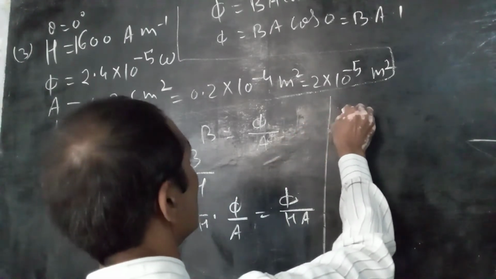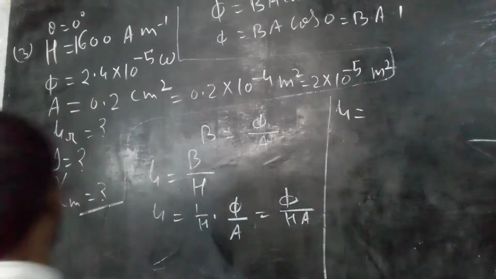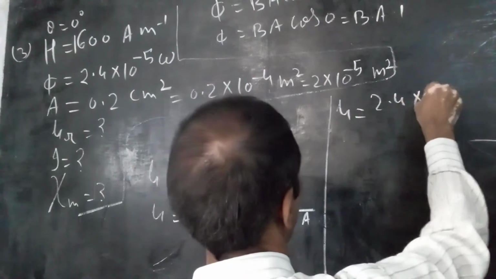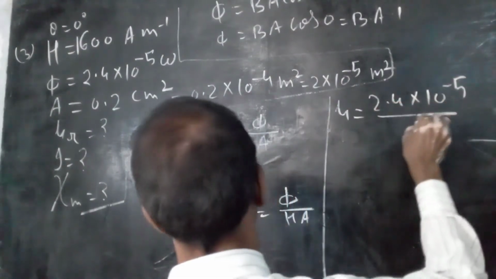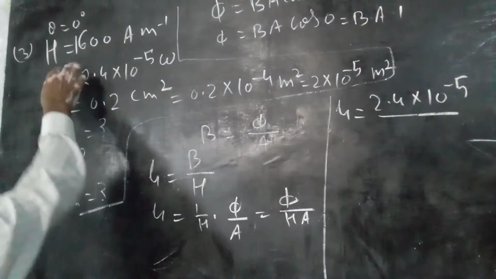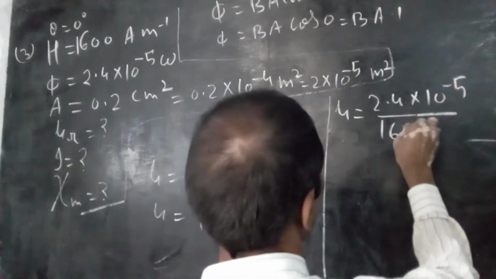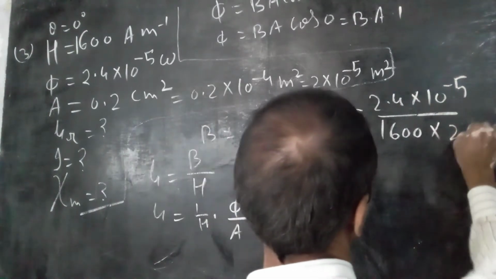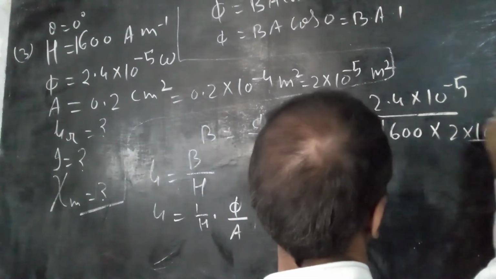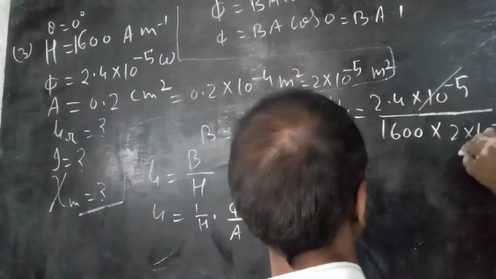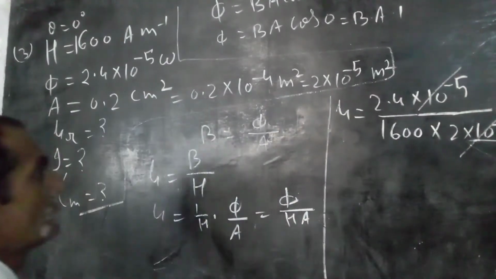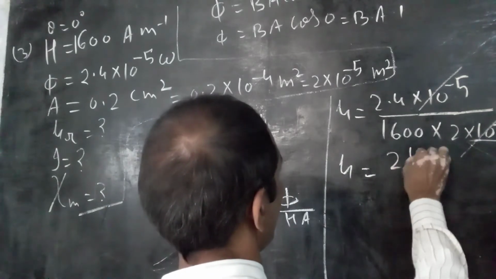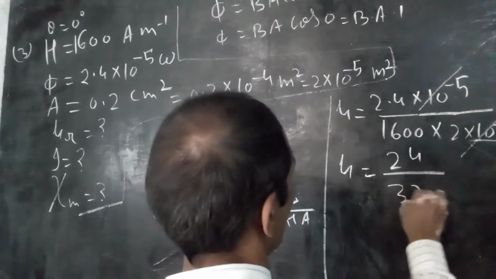So mu is equal to phi. Phi is 2.4 into 10 to the power negative 5. H given 1600, so write here 1600. A given 2 into 10 to the power minus 5, so write here 2 into 10 to the power minus 5. This is 10 to the power minus 5, this is 10 to the power minus 5, so they cancel. So mu is equal to 2.4 upon 3200.